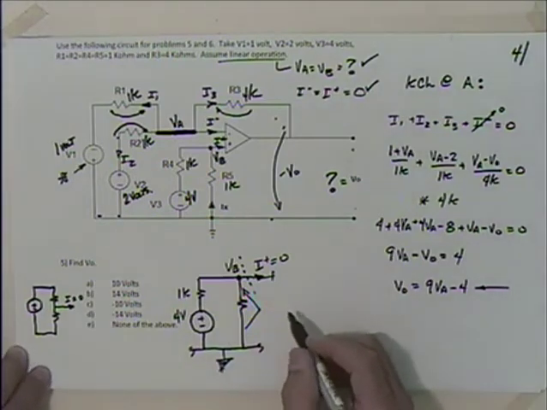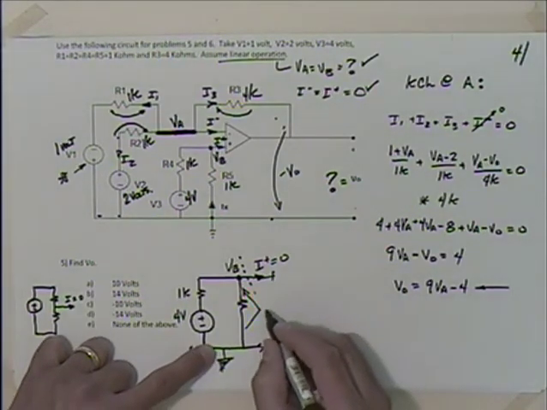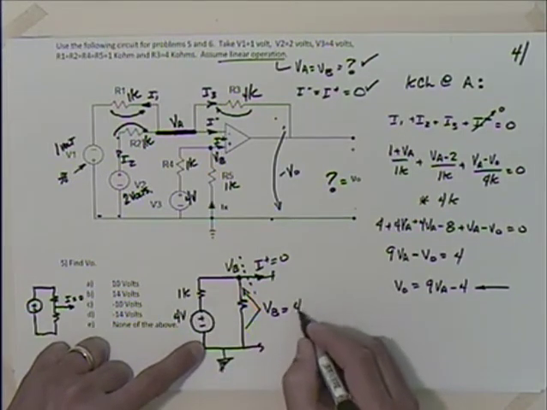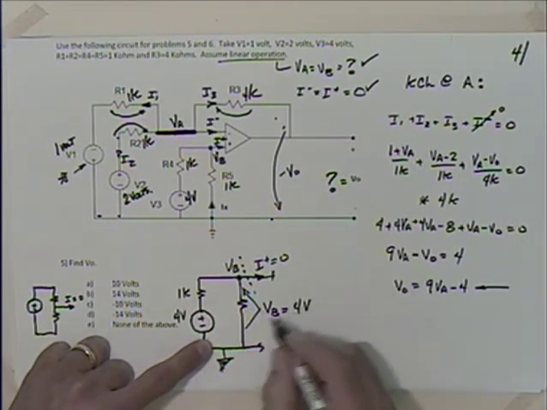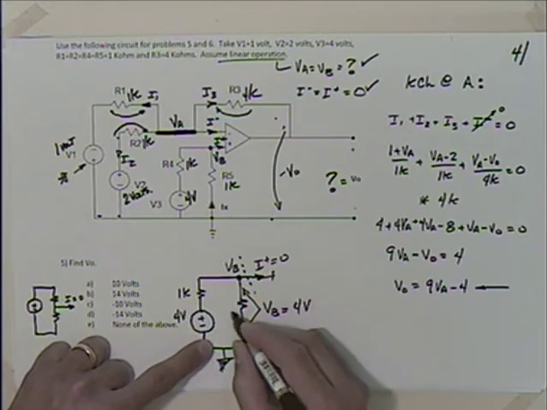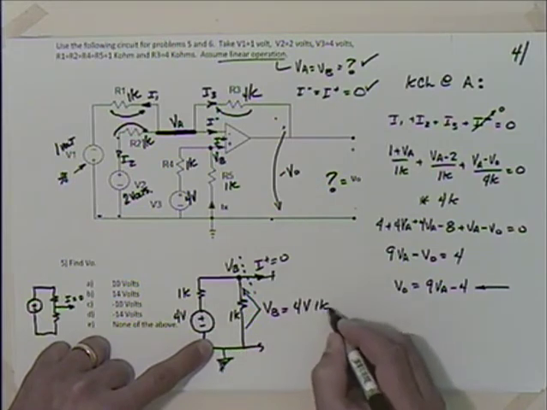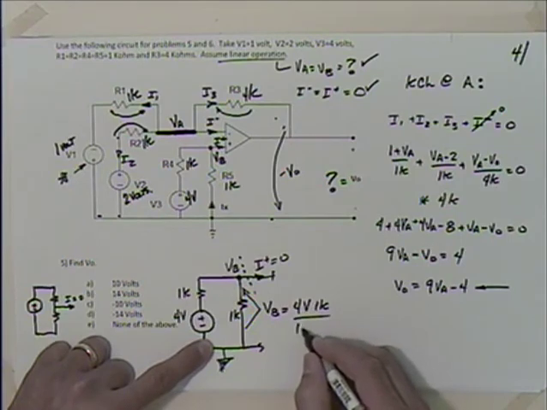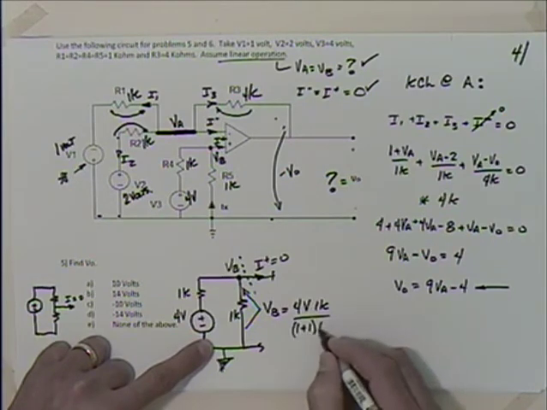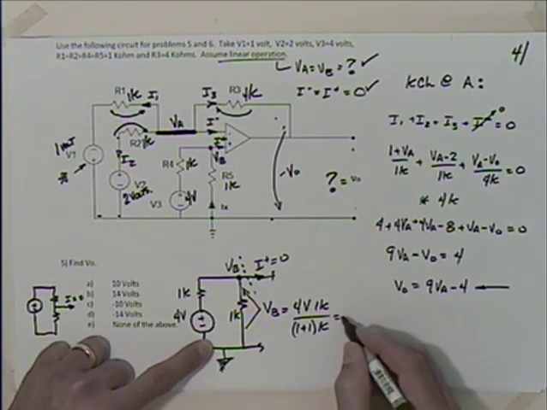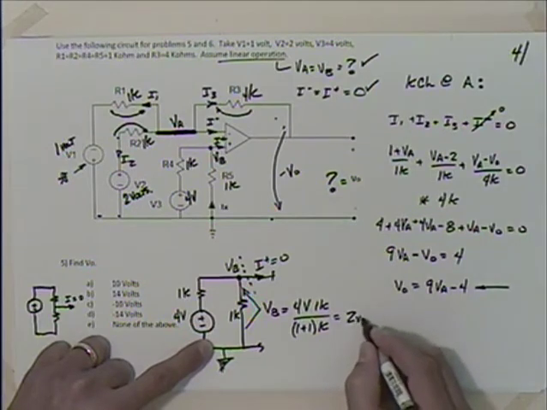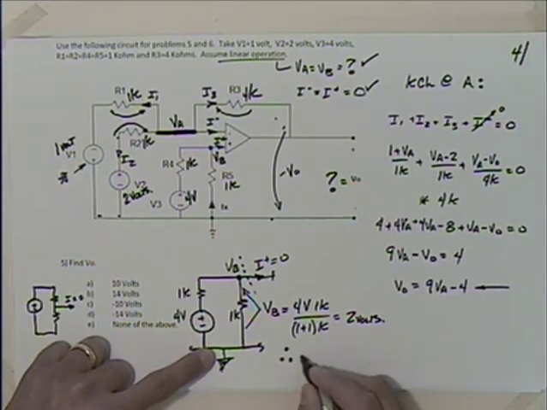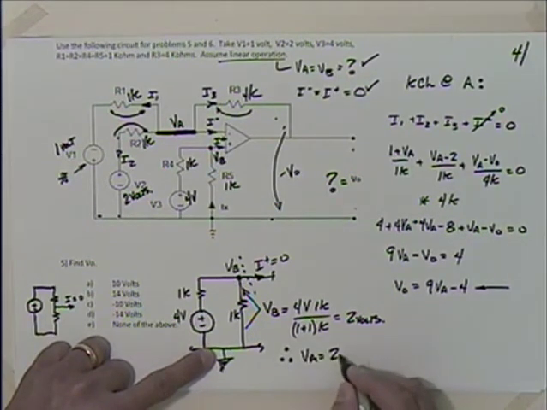So this voltage, which is VB, is going to be equal to the total voltage 4 volts times this resistor, 1K, divided by the sum of those two, which is 1 plus 1. The K's cancel, and I come up with 2 volts, right? So VB, therefore VA, is equal to 2 volts.